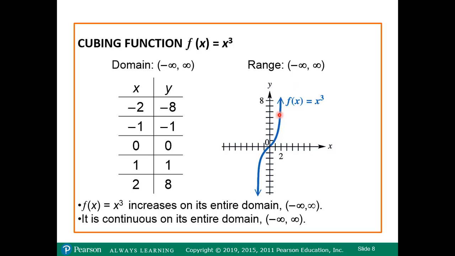The arrows go off to positive and negative infinity, both in the x direction and in the y direction. It's an increasing function, so it increases on the entire domain. Notice that from left to right, it increases. And it's continuous because there are no holes in the graph.